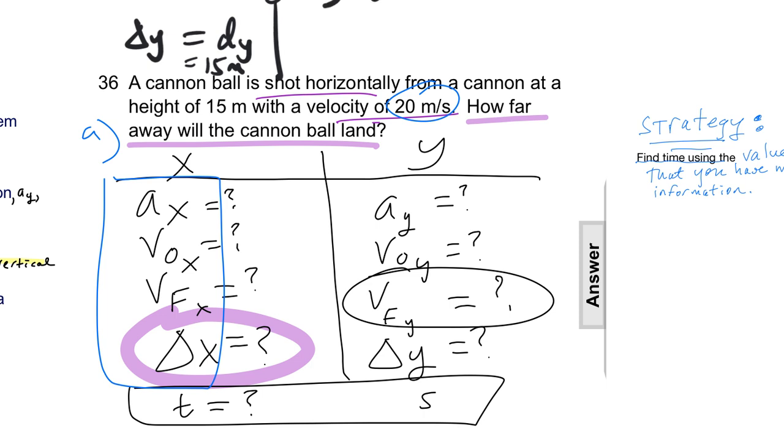Okay, the VO is 20, but that's also equal to VOX. How far away does the cannonball fall? So I'm looking for dx, which is delta x, that distance right there.